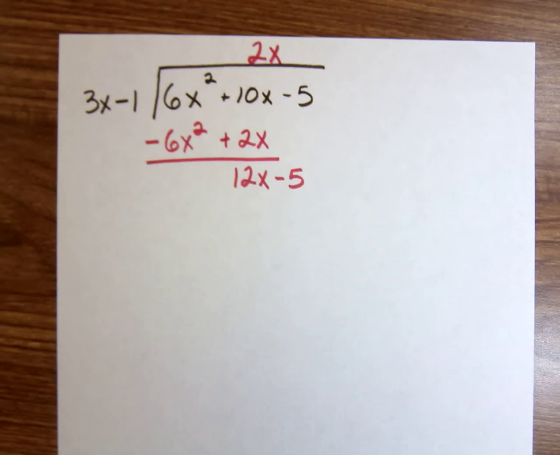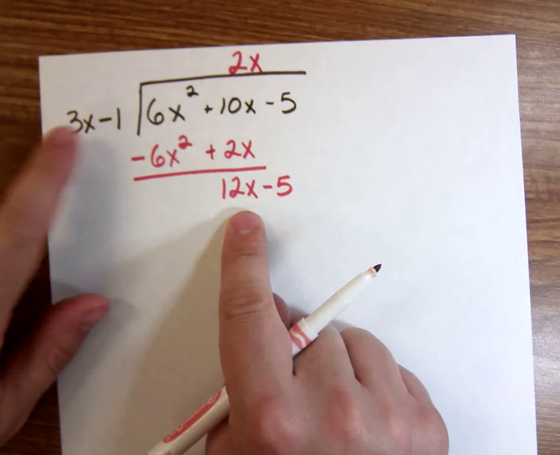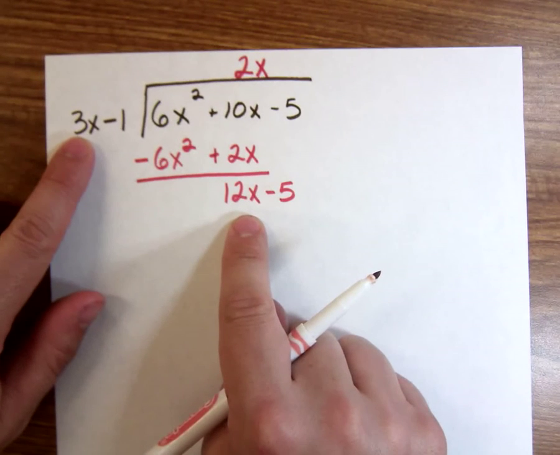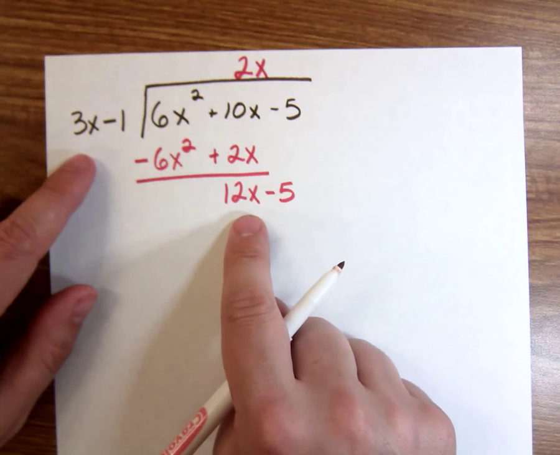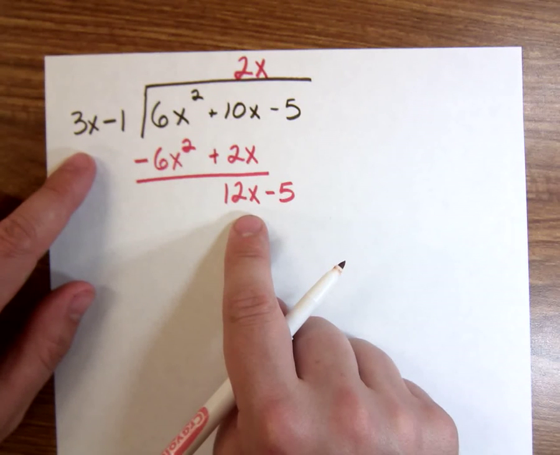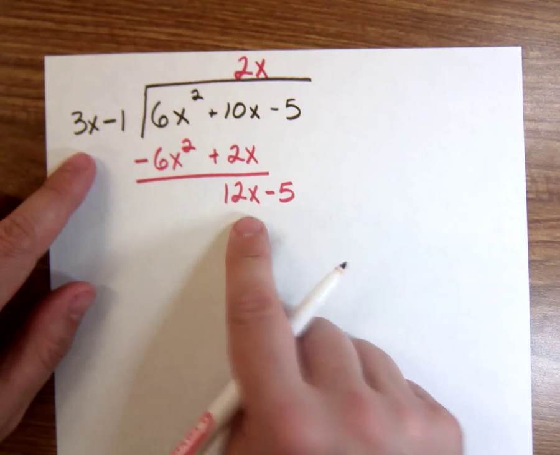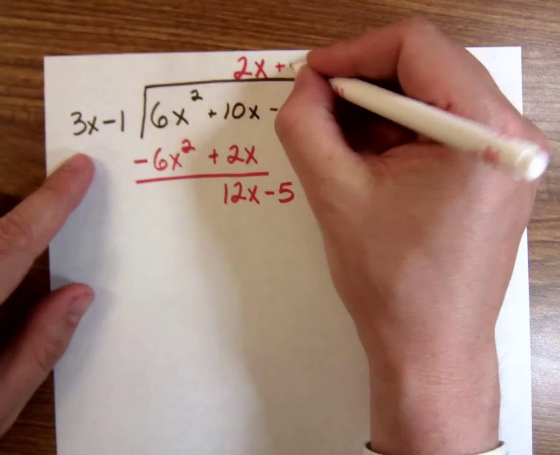Then what? 3x into 12x. 12x divided by 3x is? 6x? No. 12x divided by 3x is 4. Positive 4.